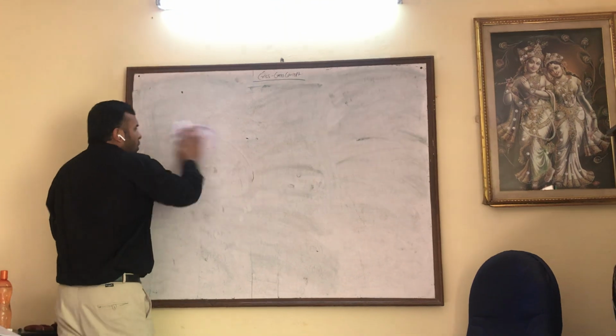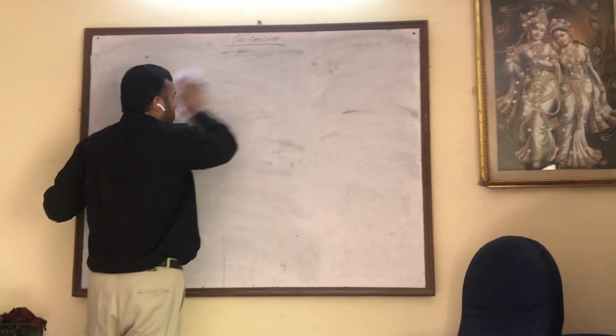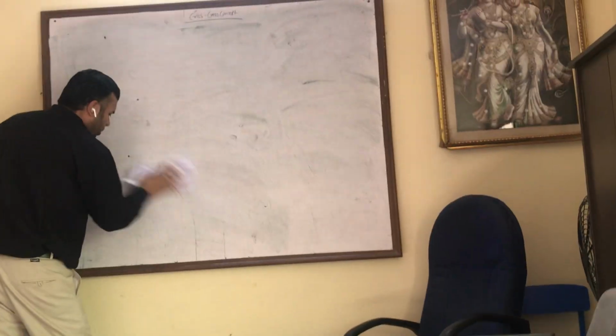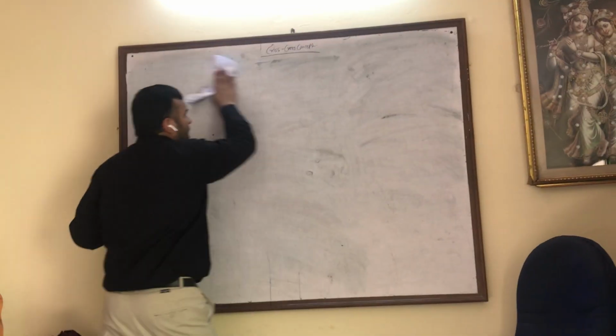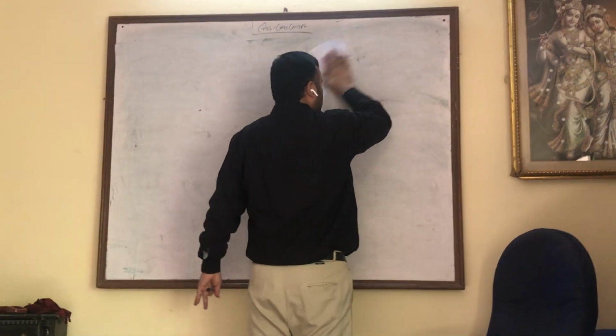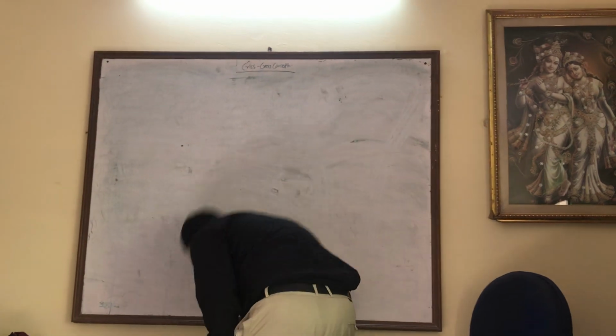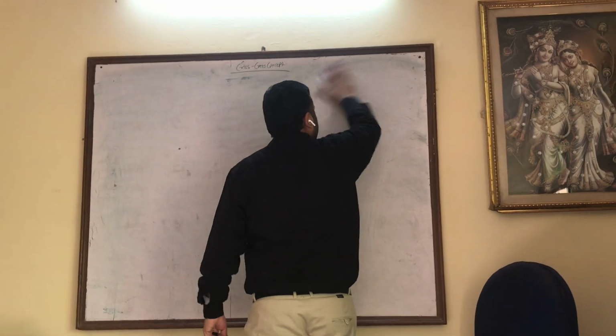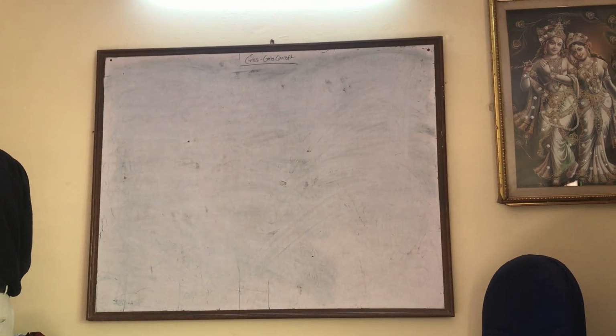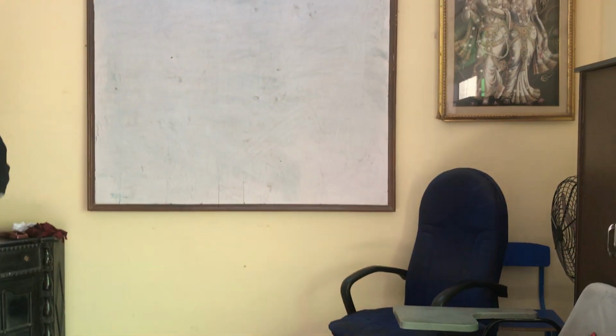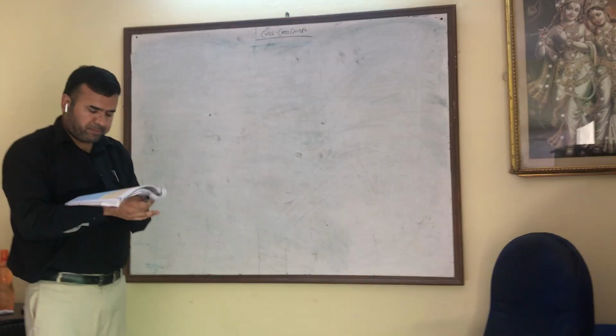Okay class, now we will discuss some problems from Lakhmir Singh, some typical problems. Now you know how to make a chemical formula. Now we will do some of the unsolved questions from Lakhmir Singh. I'll write down the question here as well.